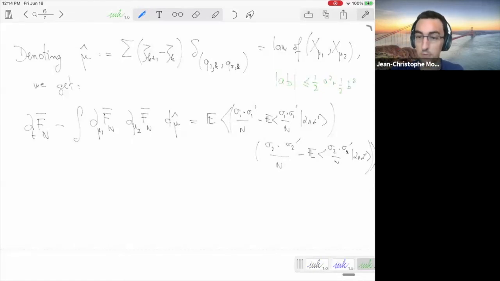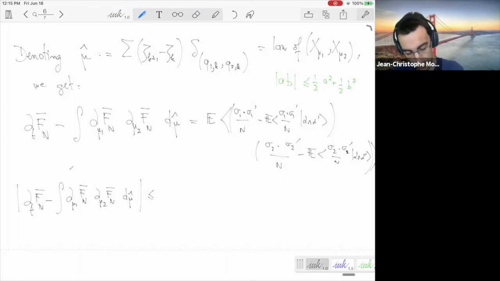So I apply this inside the expectation. And what I get is that the absolute value of this left side is bounded by 1/2 of the sum of the variances. Okay, so I write a sum from 1 to 2 to save a bit of space.